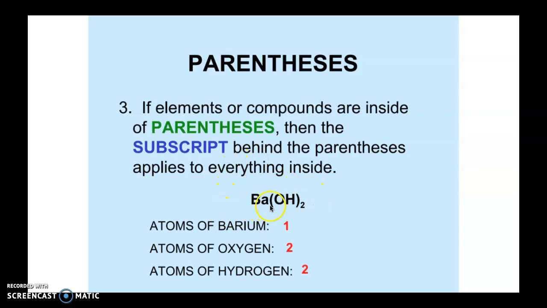I have no subscript after barium, so I only have 1 atom of barium. However, oxygen and hydrogen are both in these parentheses, and the parentheses are followed by a subscript of 2. So 2 times oxygen gives me 2 total, and 2 times hydrogen gives me 2 total. So I have 1 barium, 2 oxygen, 2 hydrogen for a total of 5 atoms in this molecule.